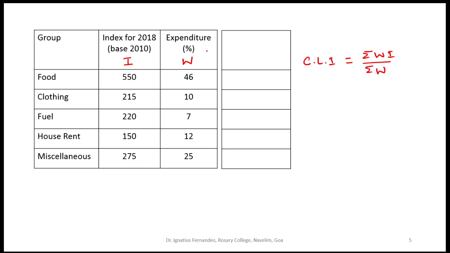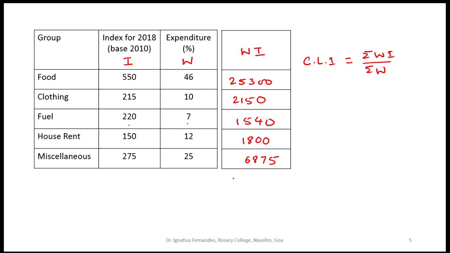What I need is a column of W into I, so I'll multiply W with the index number values. 46 into 540 gives me 25,300. 10 into 215 is 2,150. 7 into 220 is 1,540. 12 into 150 is 1,800, and 25 into 275 is 6,875.